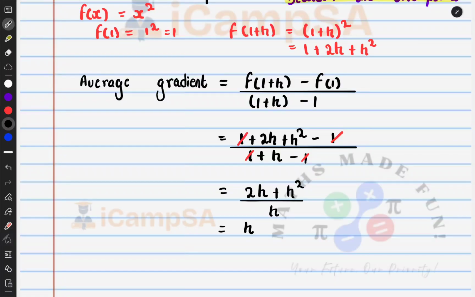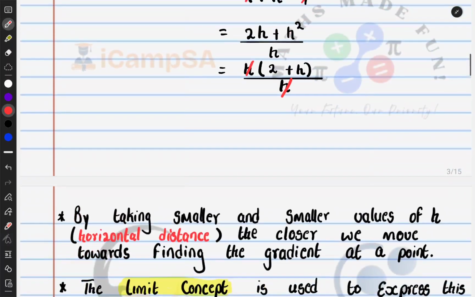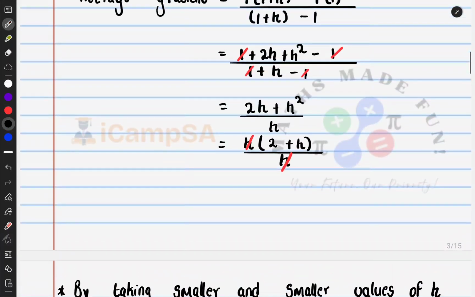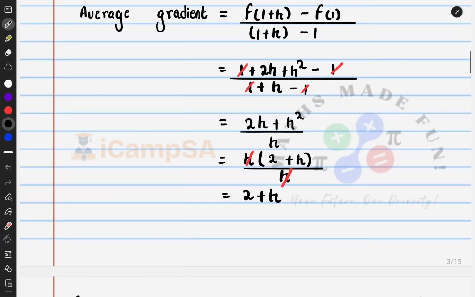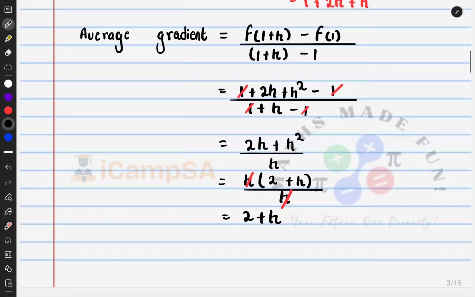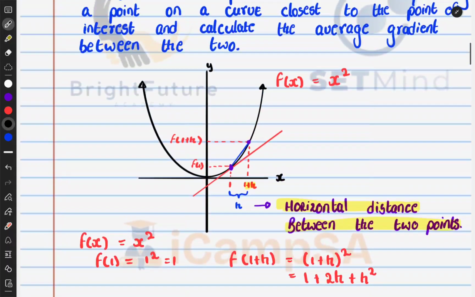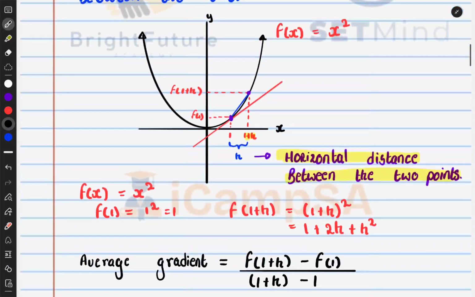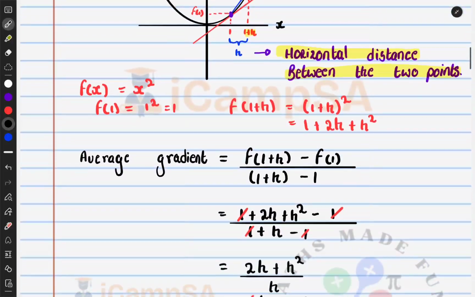Let's take out the common factor on the top part, so we're going to have h into 2 plus h over h, and then the h in the numerator and the denominator will cancel, leaving us with 2 plus h. And this is the average gradient between the 2 points, f at 1 plus h and f at 1.